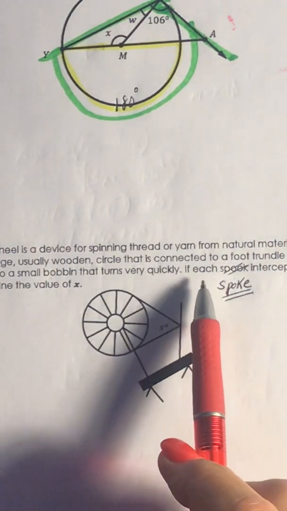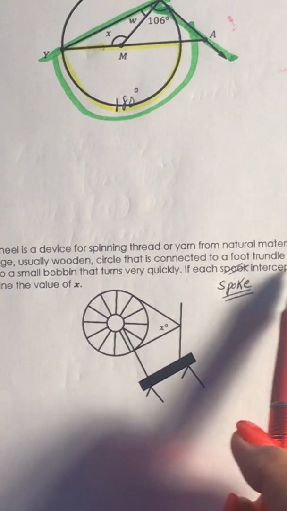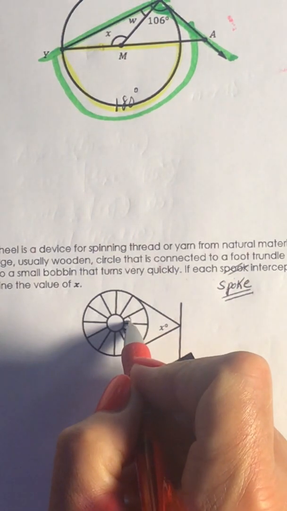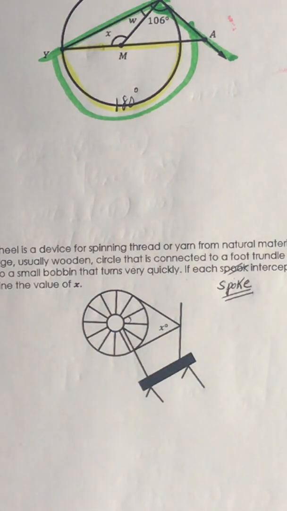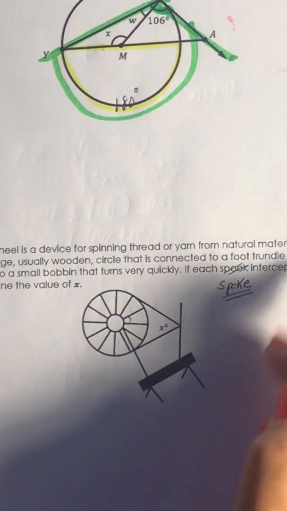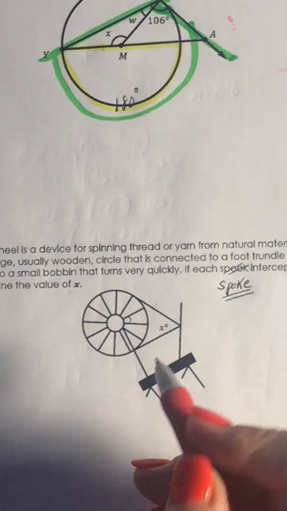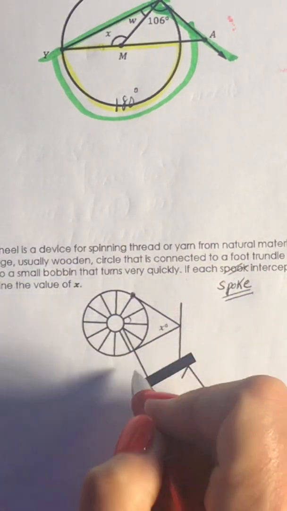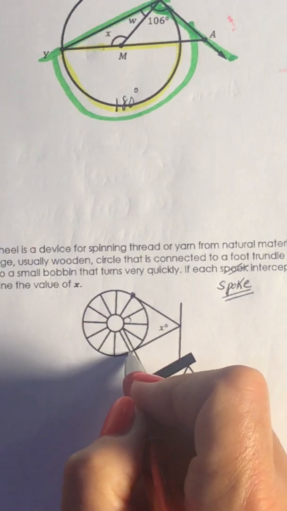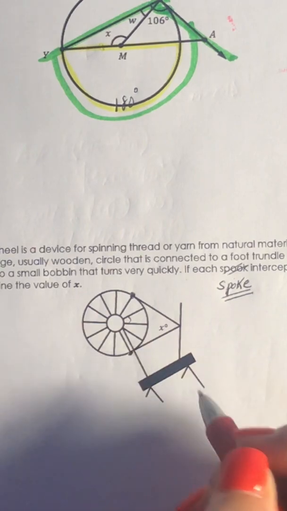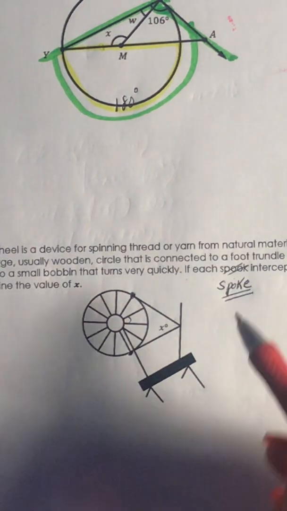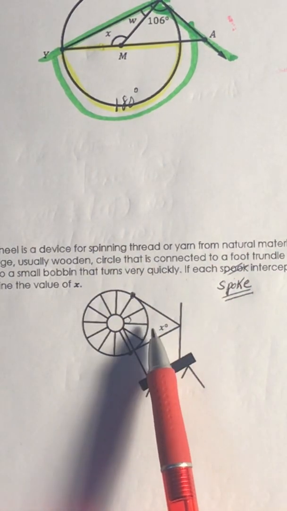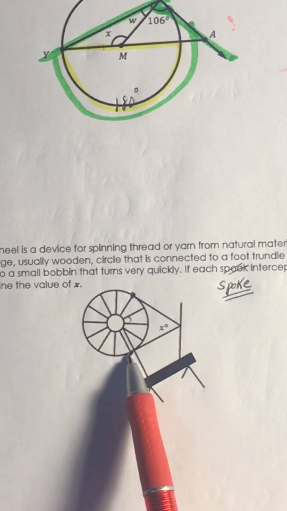And if each spoke intercepts a 30-degree arc, meaning each one of these is how many degrees? That's right, 30 degrees. And where does it start? And where does it end? This is touching here. Okay, you don't start counting until you start moving. From here to here is 1, 2, 3, 4.